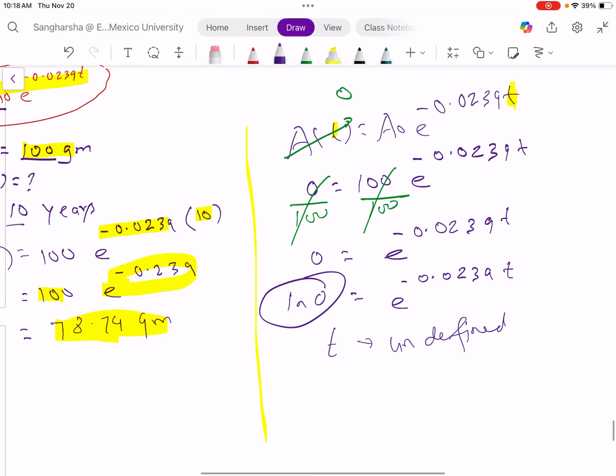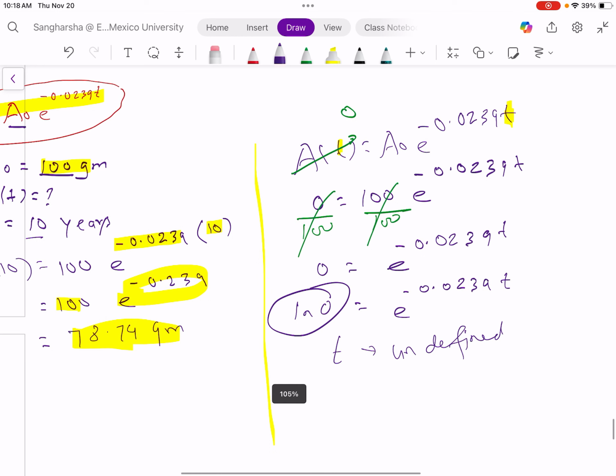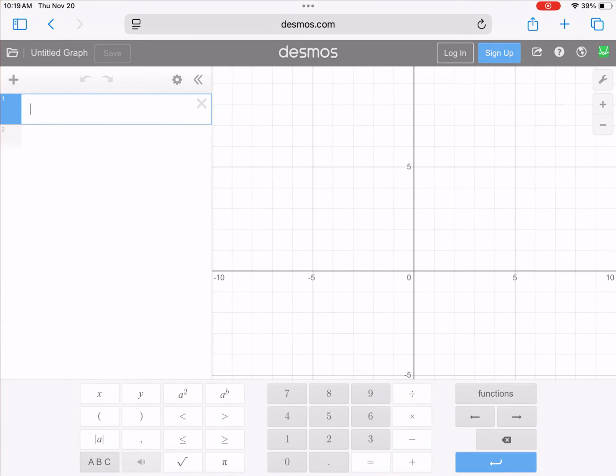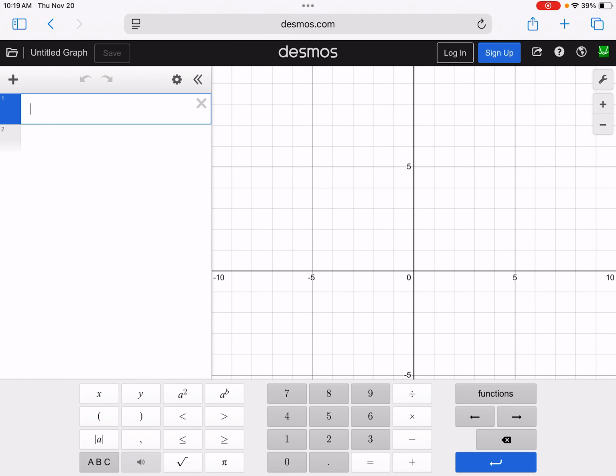So if we graph this function, how does it look? Let's use our graphing tool. Our function is A of t. Let me use y for A of t equals, okay, I can't use A naught, so let me just use A naught as 1.